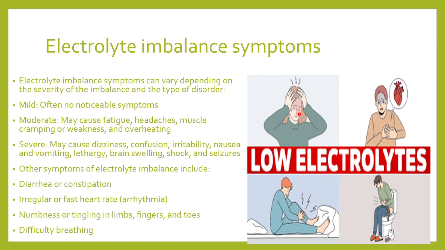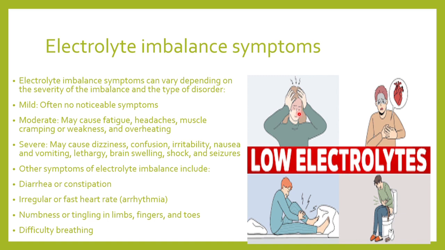If there is severe electrolyte imbalance, the patient will have dizziness, irritability, nausea, vomiting, lethargy, brain swelling. He might even have fits, seizures. He might go into shock. He might even die. So these are the symptoms of electrolyte imbalance.